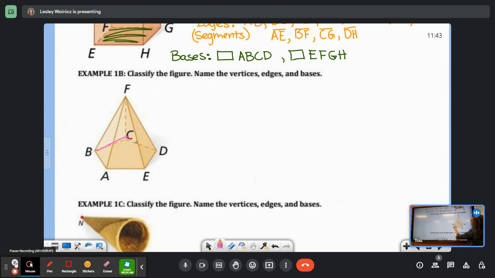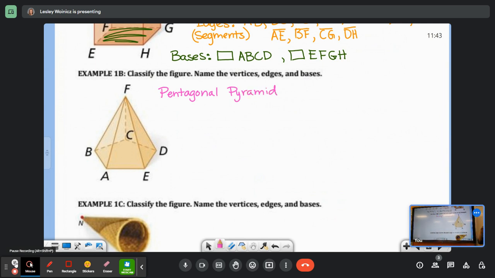I'm saying 5 sides for the base, and it ends at a point, so it's a pyramid like the pyramids in Egypt. Okay? So pentagonal pyramid. I wanted to say prism so bad. No. Pentagonal pyramid.